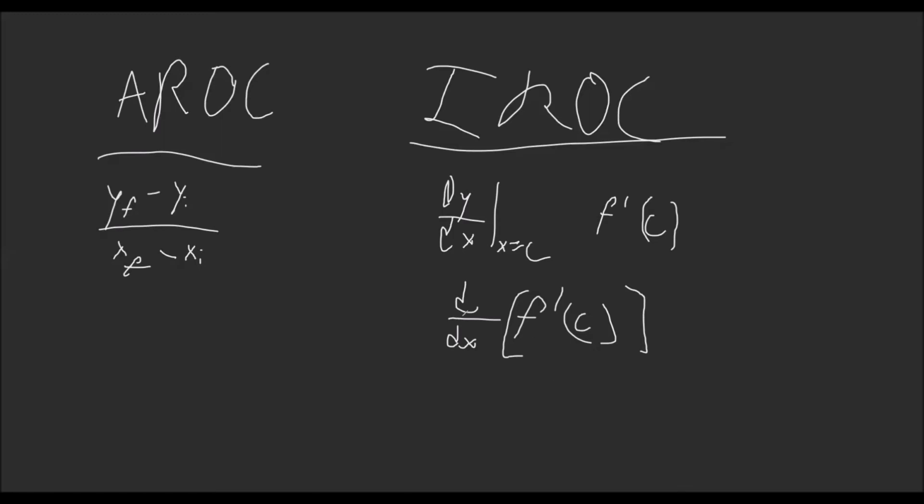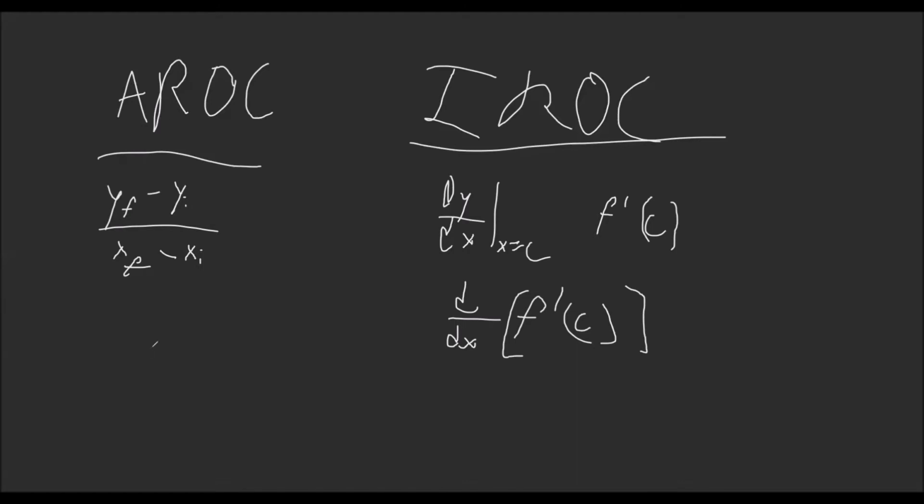Now with AROC, the average rate of change, the change from 2 points, x initial, y initial, and x final, y final. You'll see occasionally on FRQ questions, mostly in Calculus AB, you'll usually be given a table of x and y coordinates, or any independent coordinates and any dependent coordinates.